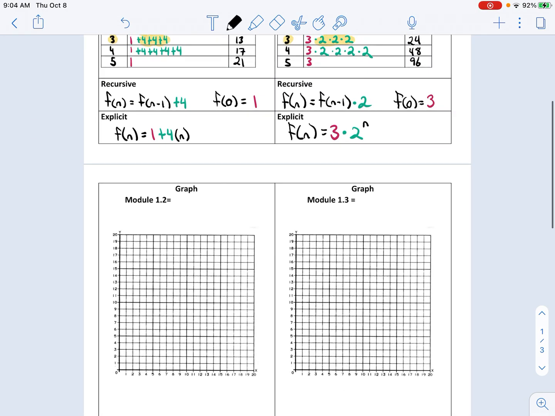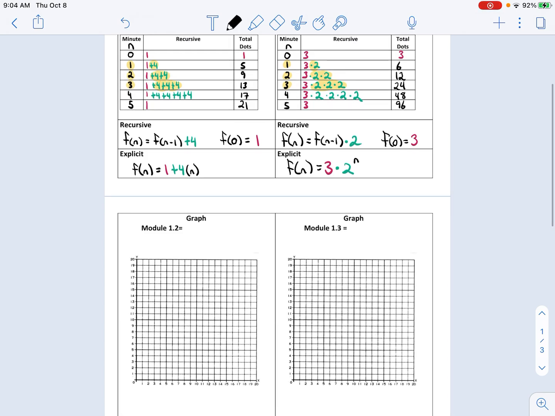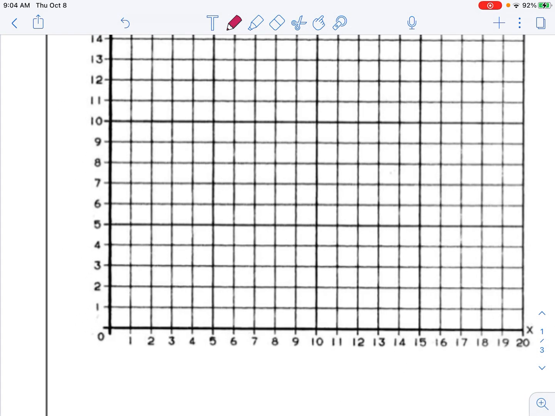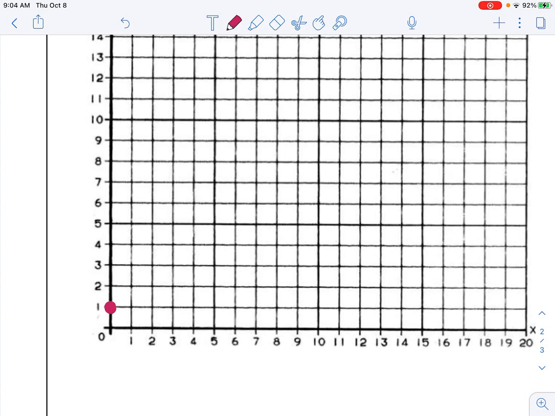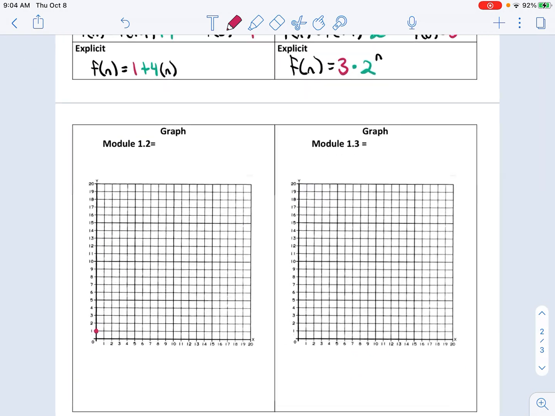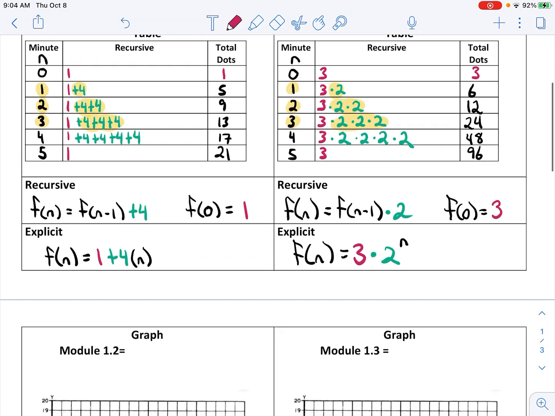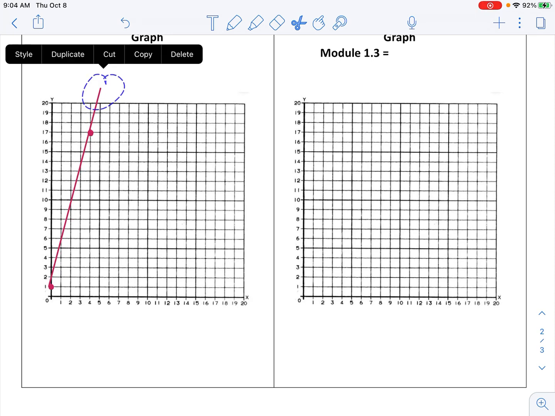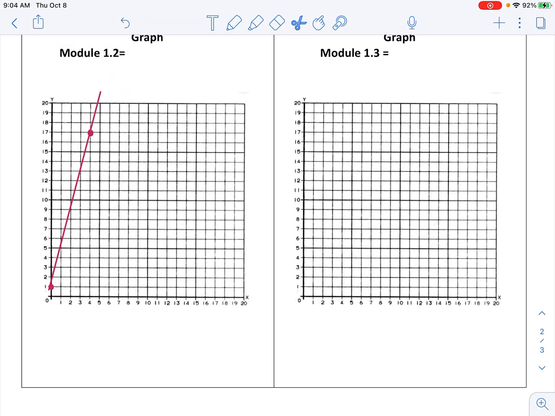And then we could simply graph these. So when we graph, for our linear, 0, 1, and then we're going to do 4, 17. In a linear equation, your graph is a straight line.